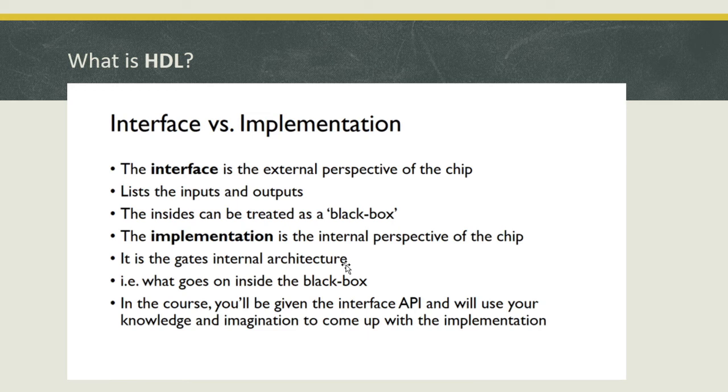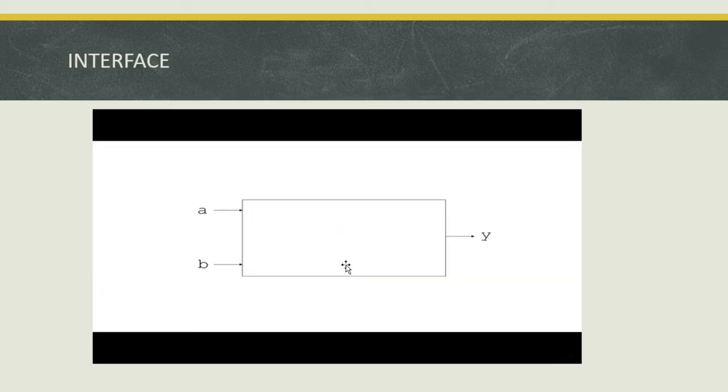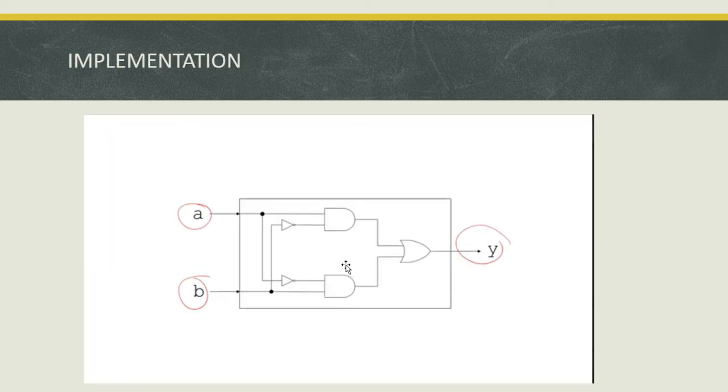It is just the external perspective of the chip. So, input and output, but the implementation is what we don't see inside the interface, which is how the integrated circuit is implemented. Okay. So I hope you understood the difference between the two.